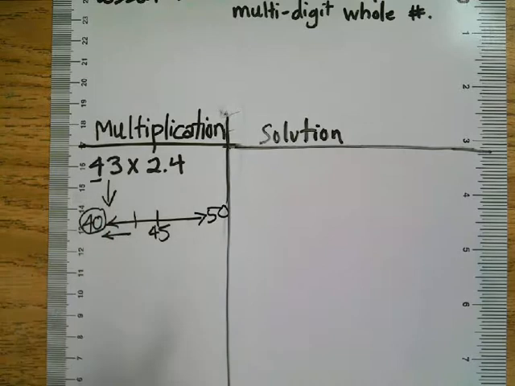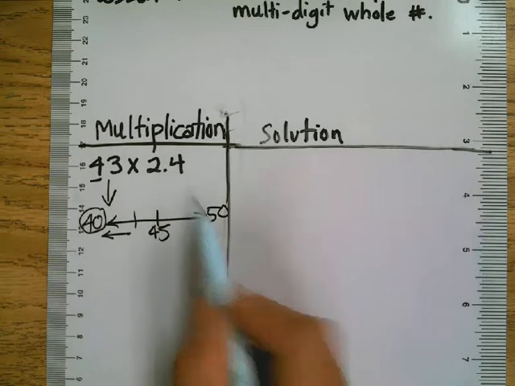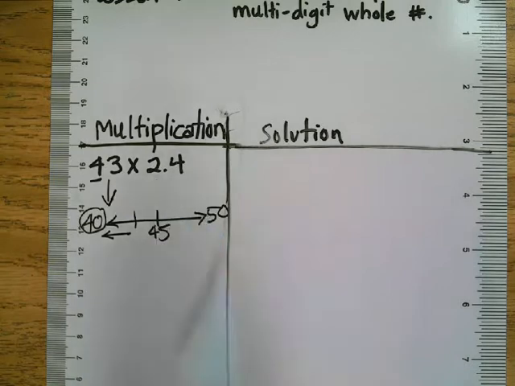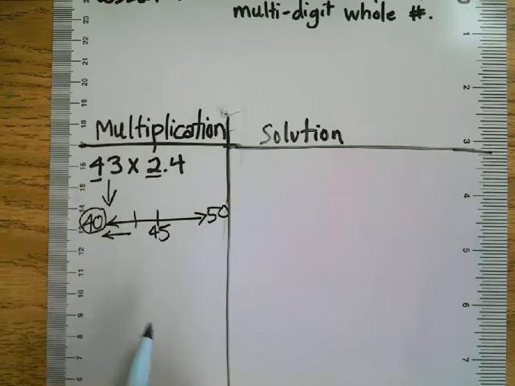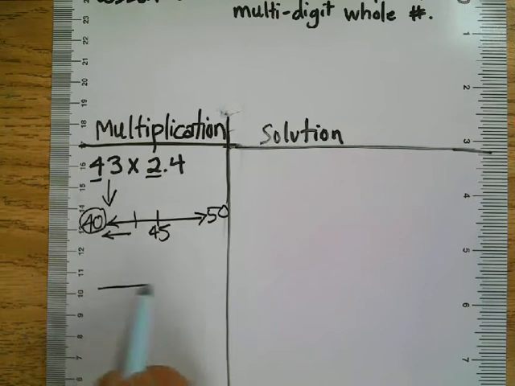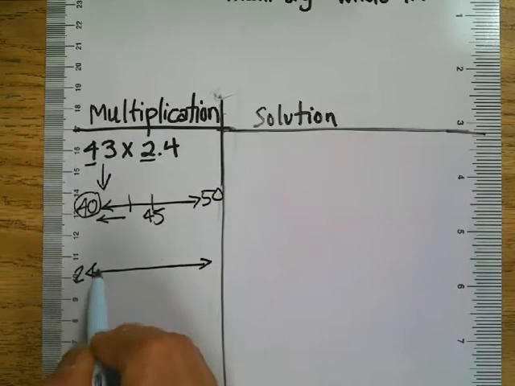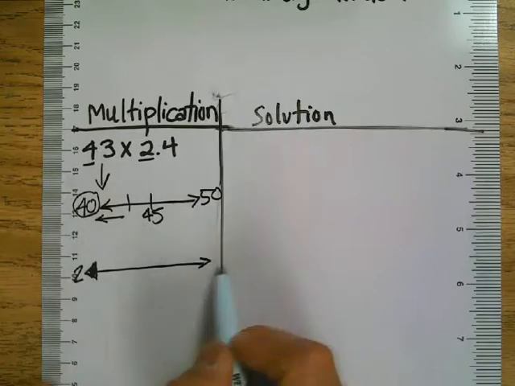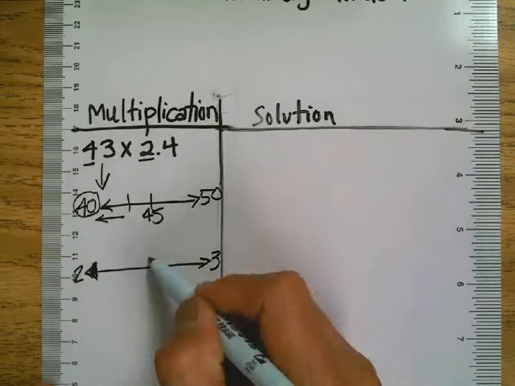And the next number is 2 and 4/10, so we're going to round that one to the nearest one. So now we're going to look at this right here. Here's our horizontal line, not vertical. So that is 2, and your next number up will be 3. The midpoint between the 2 and the 3 is 2.5.